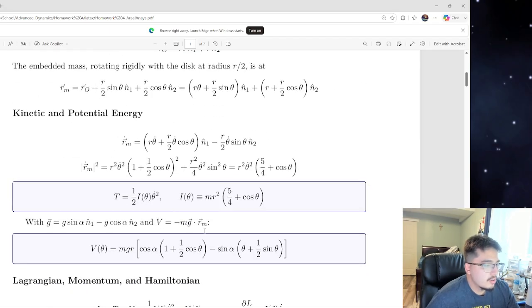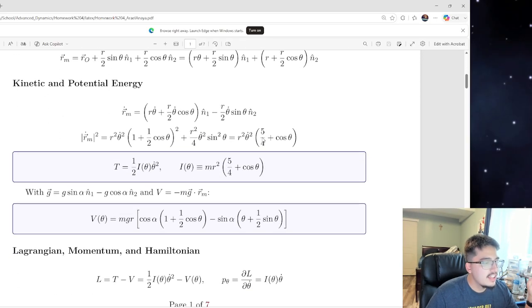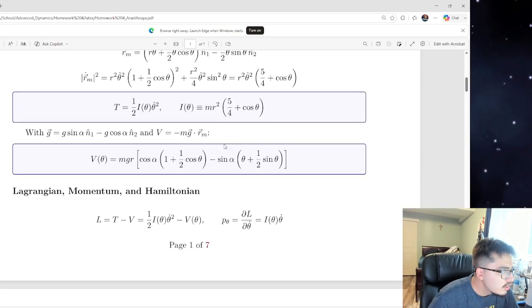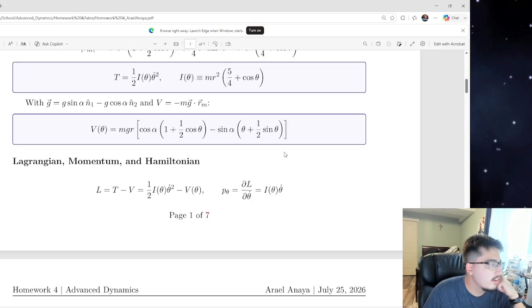Then I can take the dot product of that with the vector Rm to find the component of the Rm vector, that distance that is occurring in the direction of gravity. We end up with kind of an ugly equation, with cosine alpha and cosine thetas there, but ultimately it is still just mgr times some trigonometric quantity that gives us that ratio.